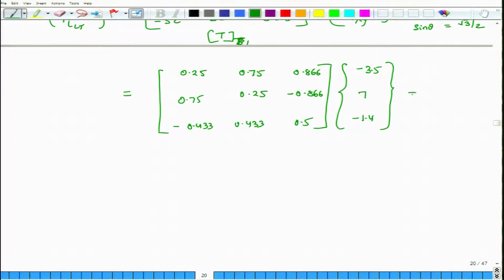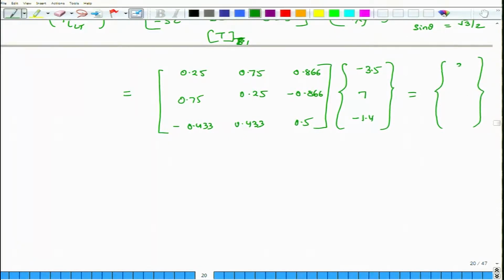Okay. So, if you do all this, then what you get is 3.7, minus 12.05, and 57.4, this is 5.24. So, these numbers are incorrect.